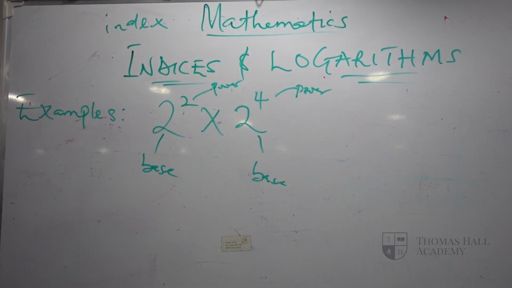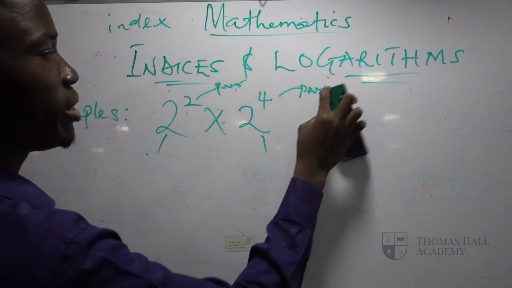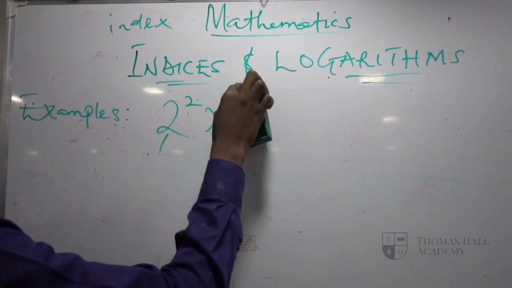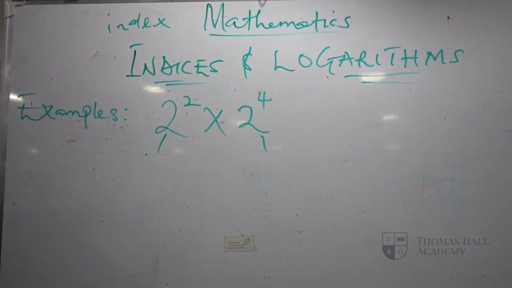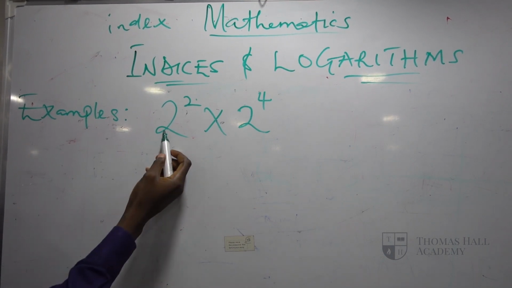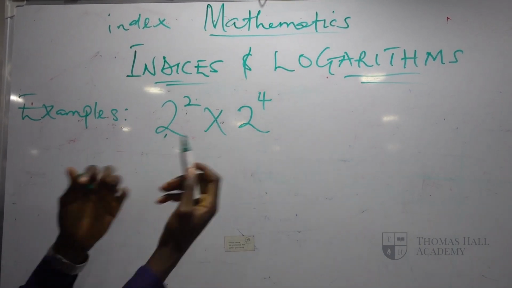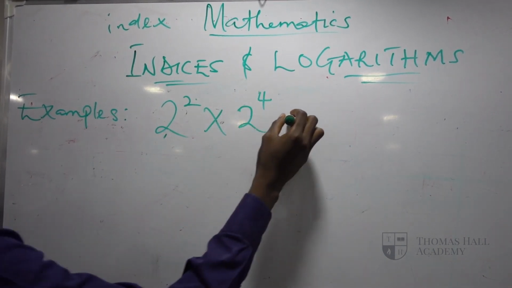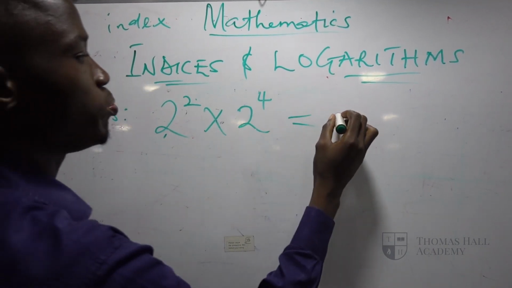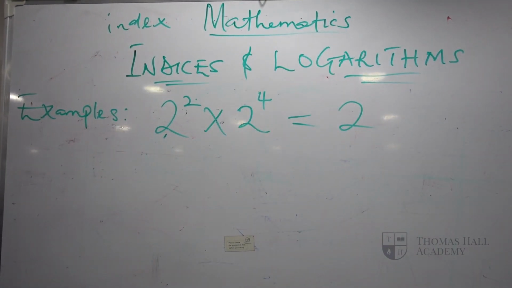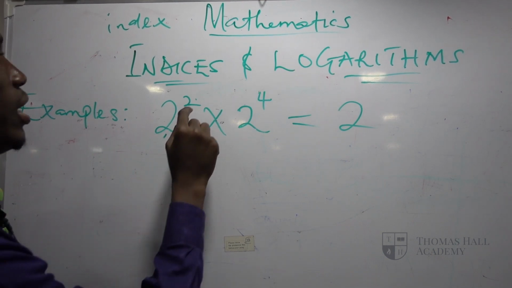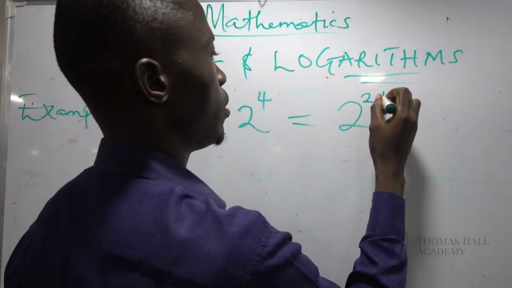One of the rules of indices says that when the bases are the same and the powers are different, meaning that 2 is a base here, 2 is a base here, you pick one base, and then the powers you add.